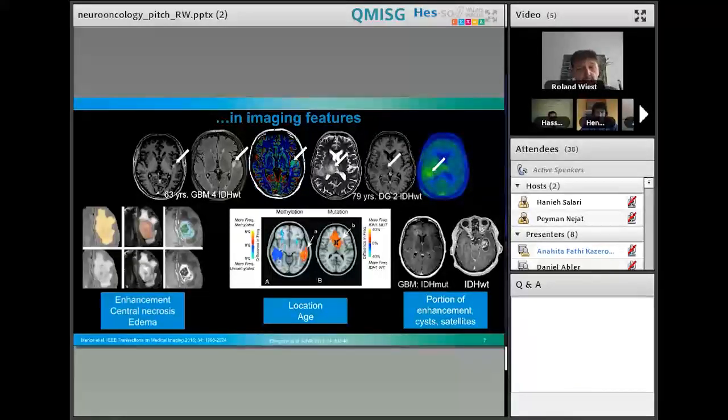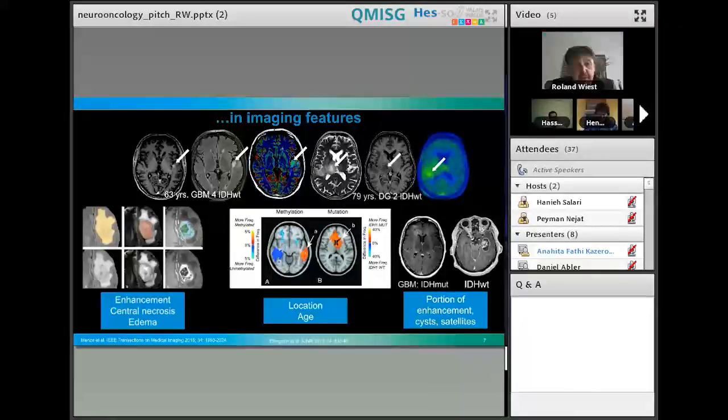And there's also some predominance for the location that predicts, for example, the IDH1 status, which is more frequently mutated in tumors that are located along the frontal midline. And then, of course, there's a lot of very different features, like the portion of enhancement, the presence of cysts, or of satellite lesions that also discriminates.